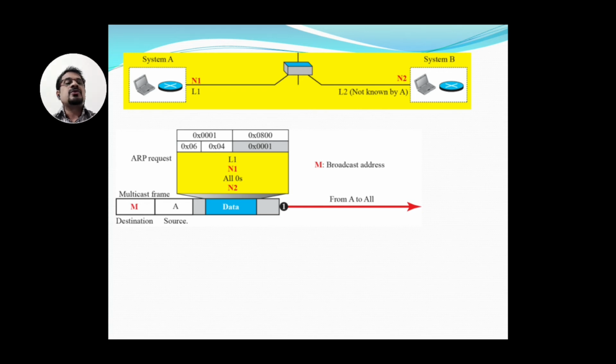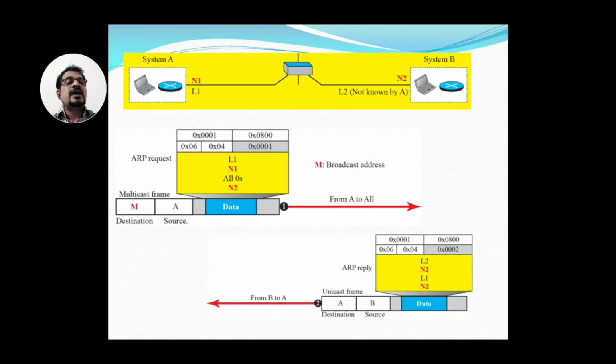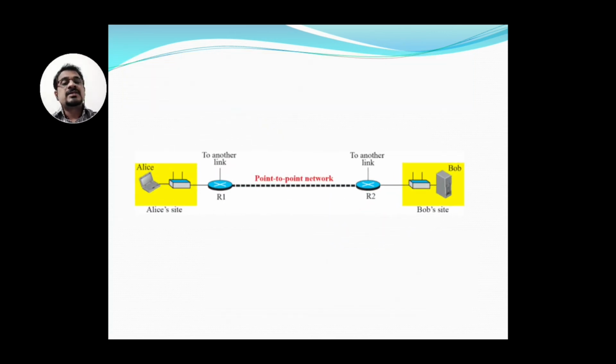The ARP request is first broadcast, with the target hardware address all zeros, so all the nodes receive it. Only the node holding the N2 IP address, system B, loads its link address and sends a reply to system A. This may be the point-to-point networking structure from one device to another, or from one network to another.